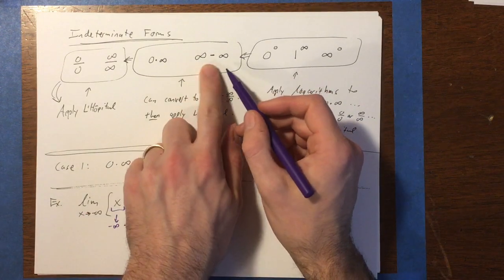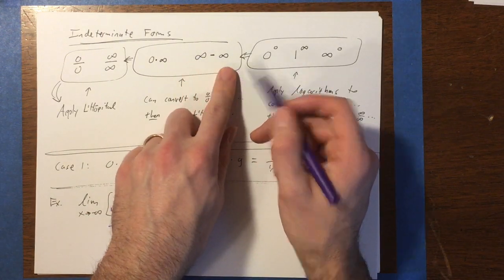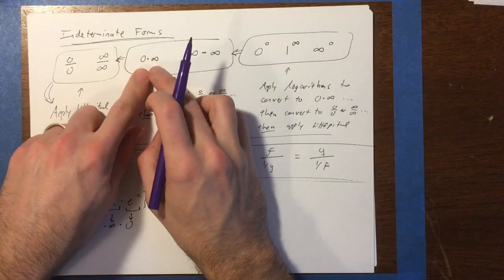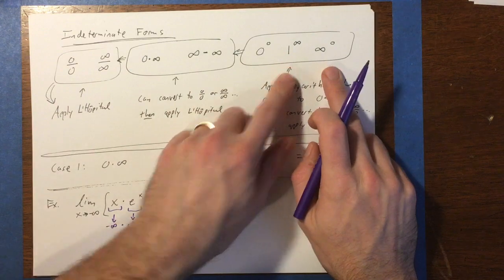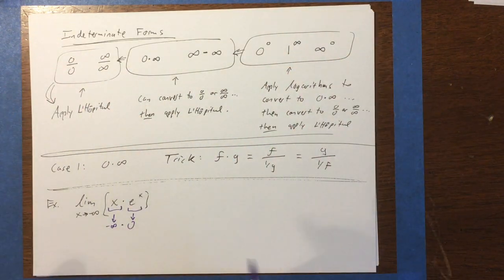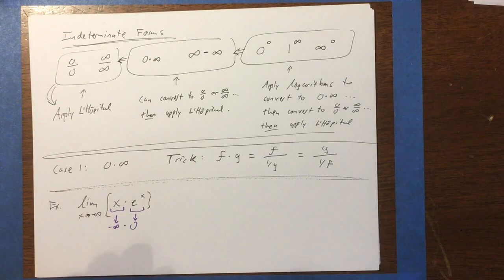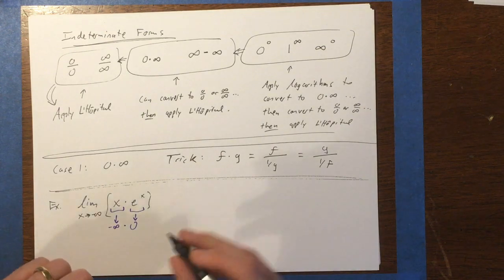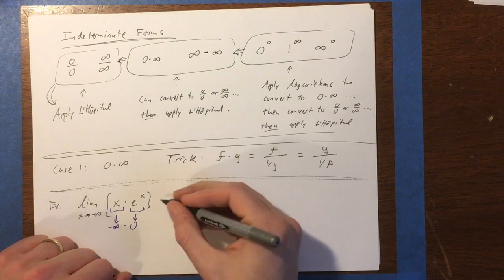It would matter in the infinity minus infinity form because you have to have the subtraction there. If that was addition instead of subtraction, it wouldn't be indeterminate. But in these other indeterminate forms, it doesn't really matter if it's positive or negative infinity. It's basically the same thing. So that's indeterminate. Now we're going to attempt to solve this by taking one of these two functions, reciprocating it, and putting it in the denominator.